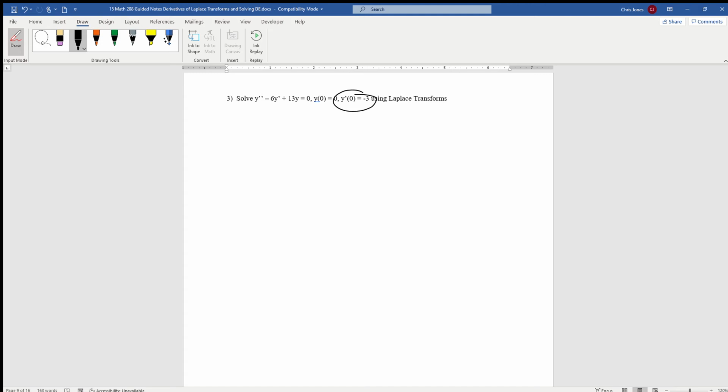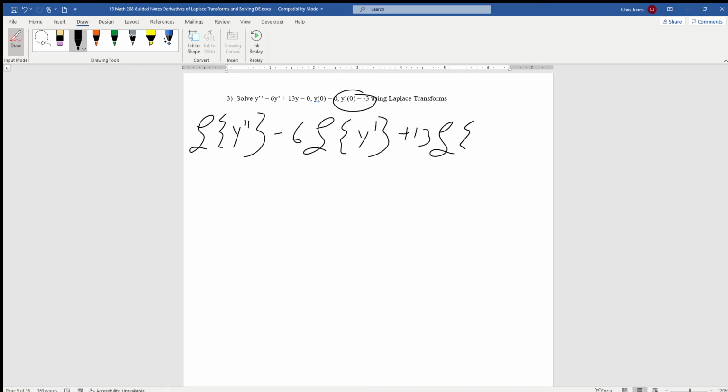First of all, what we can do is we can say Laplace of y double prime minus 6 Laplace of y prime plus 13 Laplace of y is going to be equal to 0. And the latter of the two terms we've already seen how to take care of in the previous example, so we know what those are going to work out to be.